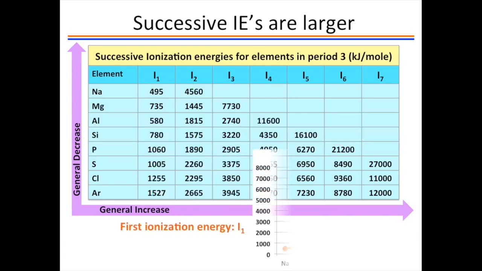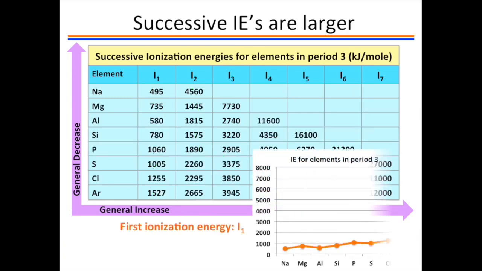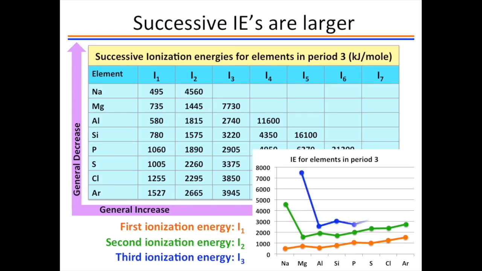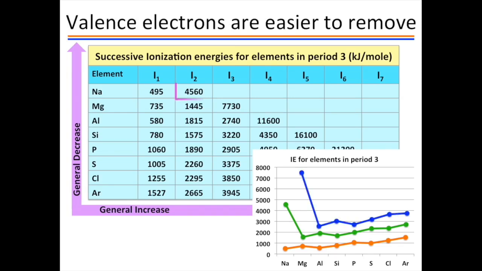To observe trends in ionization energy, let's plot the first ionization energy, that is I1, as a function of atomic number. We can do the same for the second ionization energy, and even the third ionization energy. Notice the large ionization energy in the I2 and I3 lines.